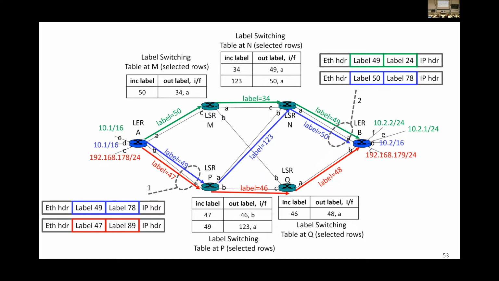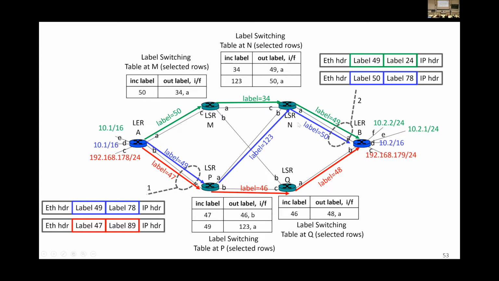So one thing that we observe is that the label has no global meaning. It's local to a node, but we see that, for example, seen from A, the label switch path that is used to interconnect the rest of the green virtual private network is label 50, whereas for B, it is label 49.